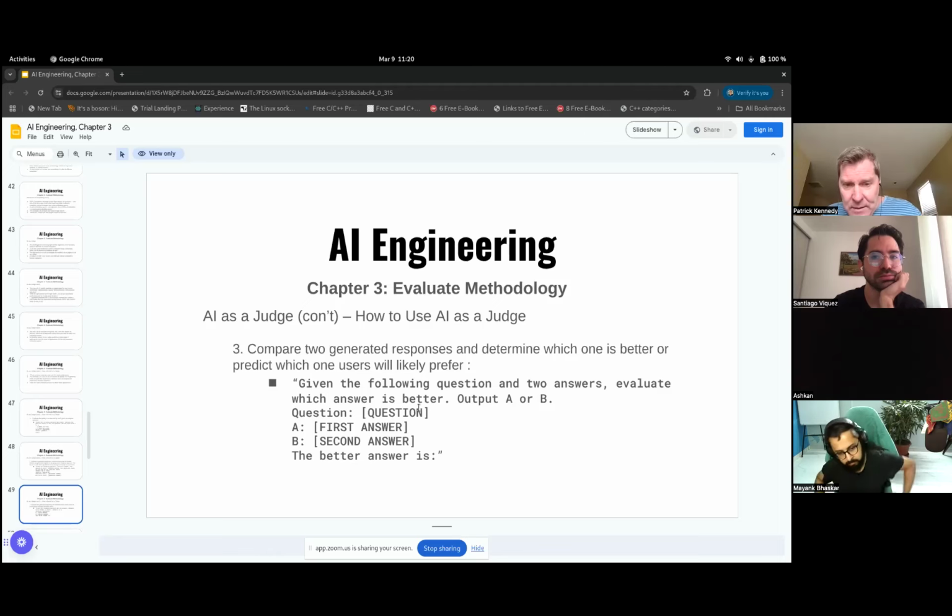And so the LLM, or the foundational model, or whatever model you're using, is charged with picking which answer is better.